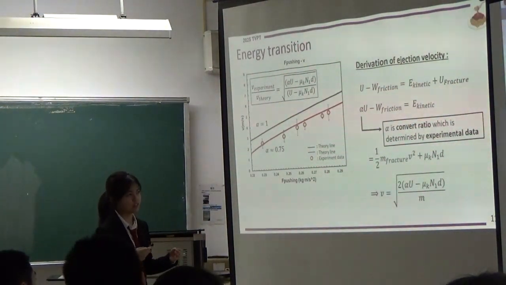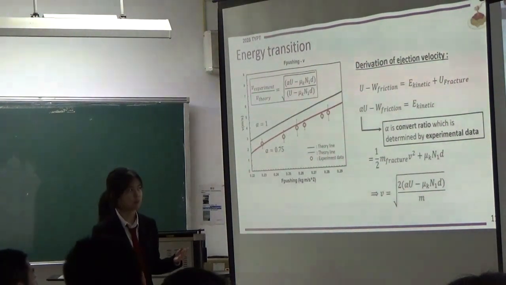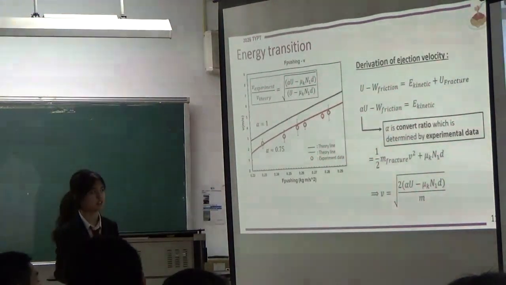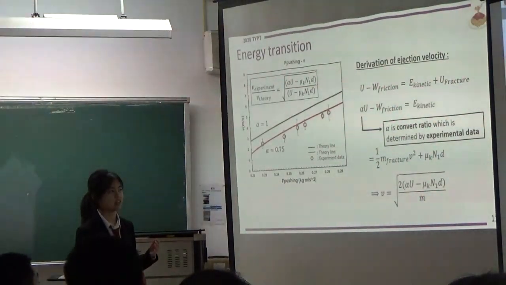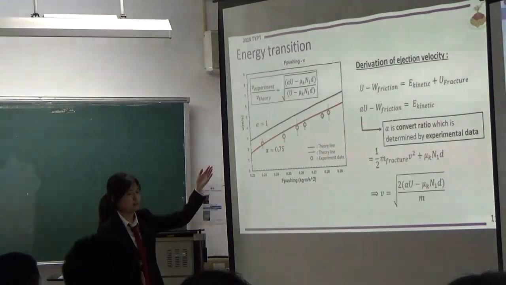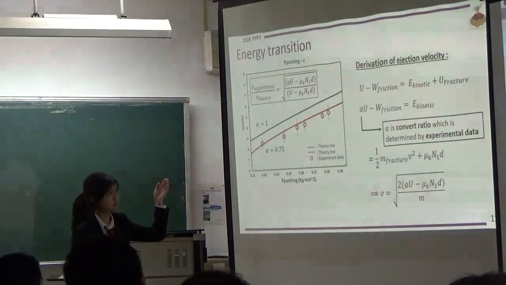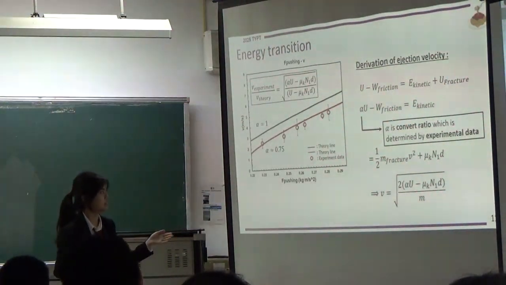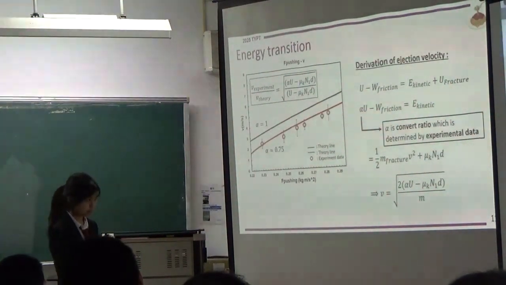Because we cannot observe the fracture energy in our experiment, we define alpha as the conversion ratio of the energy transition, which can be determined by the experimental data. By fitting a line on the experimental data, we get that alpha is about 0.75.